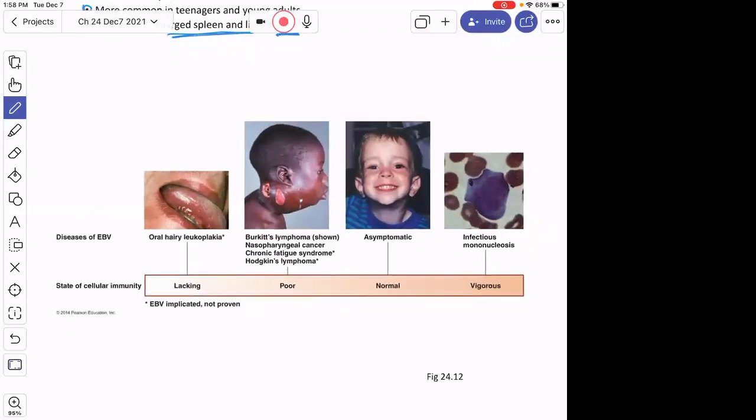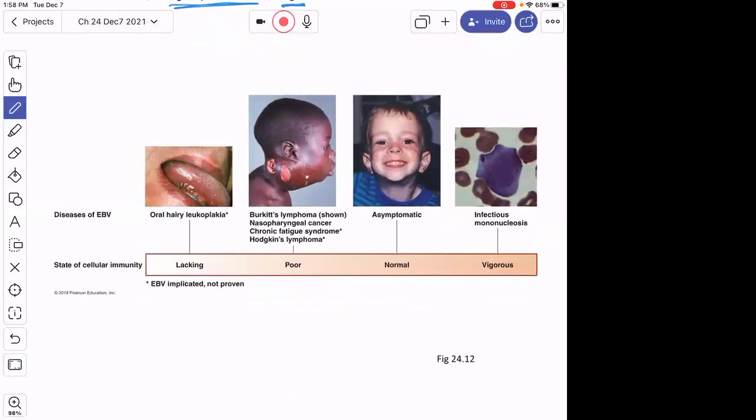So if you look at these different manifestations of Epstein-Barr virus, again, it's hypothesized that how it manifests has something to do with the host's cellular immunity. So for example, in this country, a kid with kind of a normal immune response when he's exposed to Epstein-Barr virus is not likely to have any symptoms at all.